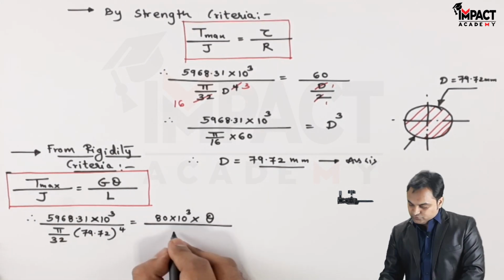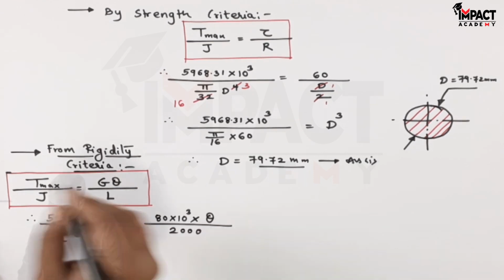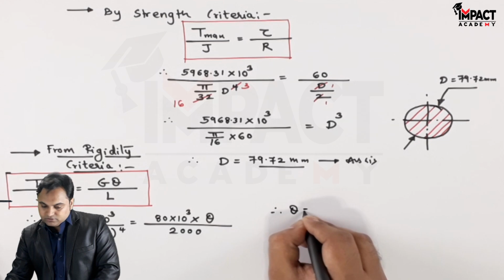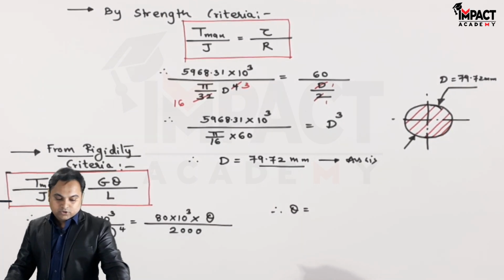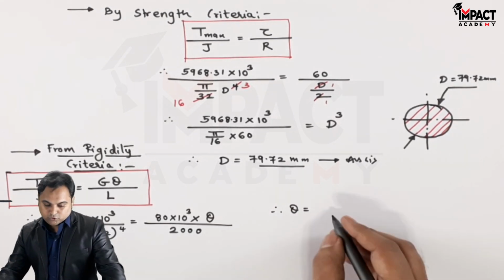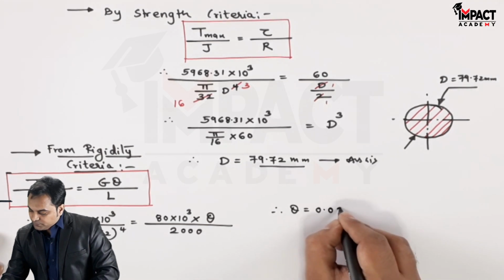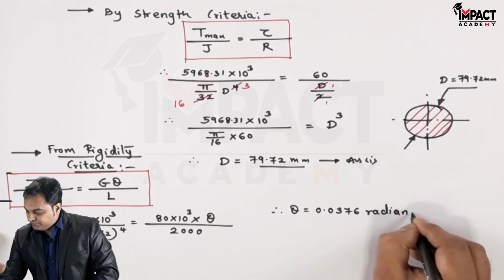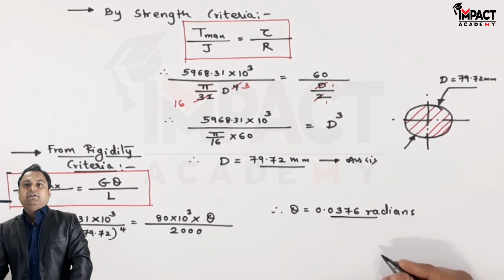Length of the shaft is 2000 mm. So when I calculate over here, I am getting the answer of theta, which comes out to be 0.0376 radians, because at first the answer would be in terms of radians.